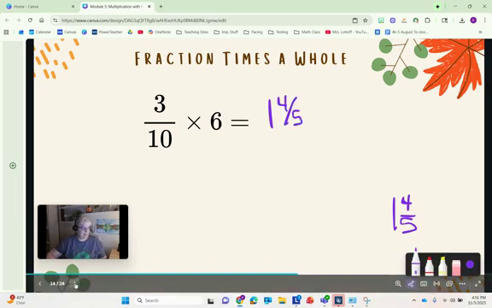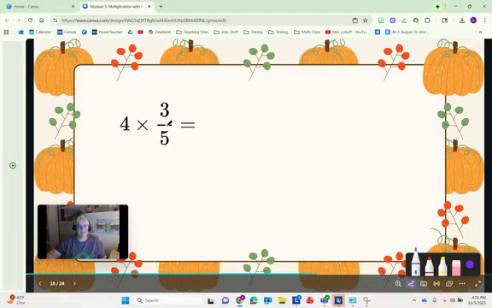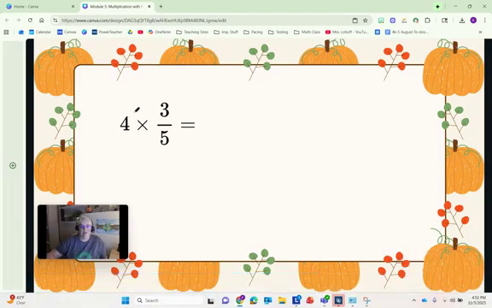Let's look at another example. 4 times 3/5. All right, so we are going to multiply the 4 times the numerator of our fraction. 4 times 3 is 12, and we keep the denominator the same.